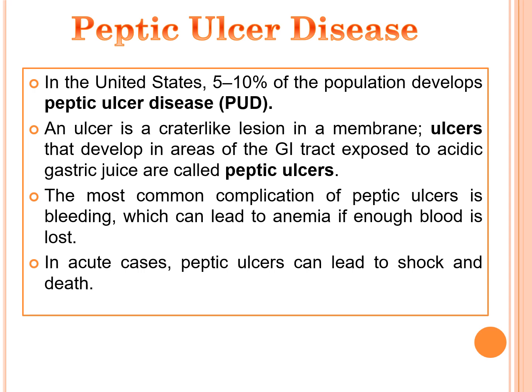Ulcers that develop in areas of the GI tract exposed to acidic gastric juice are called peptic ulcers. The most common complication of peptic ulcer is bleeding, which can lead to anemia if enough blood is lost. In acute cases, peptic ulcers can lead to shock and even death.